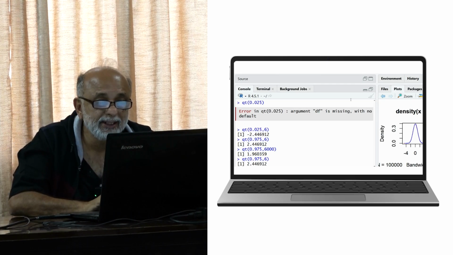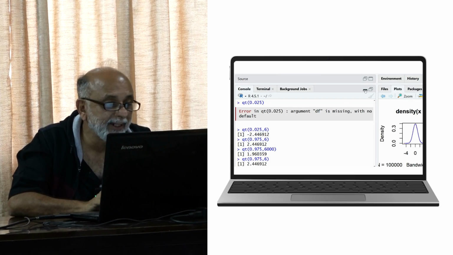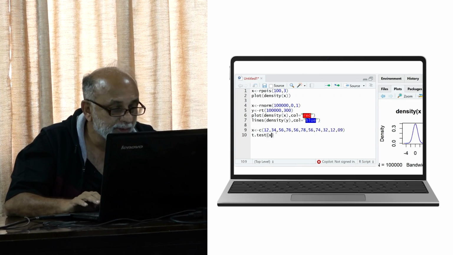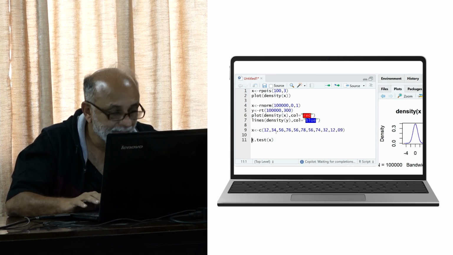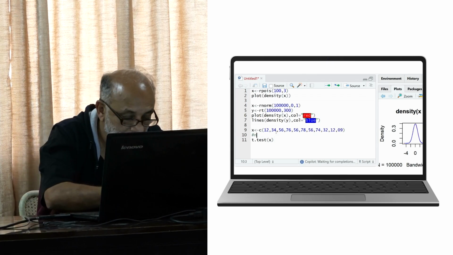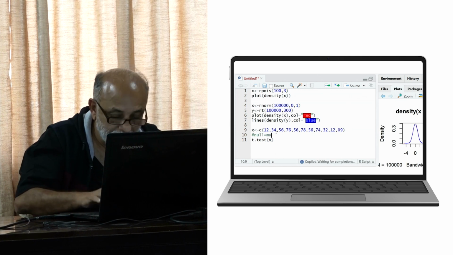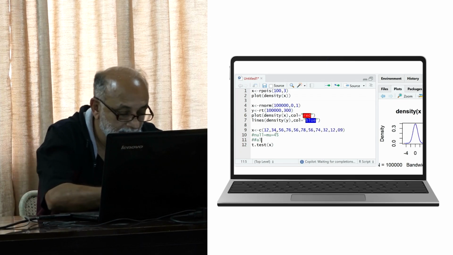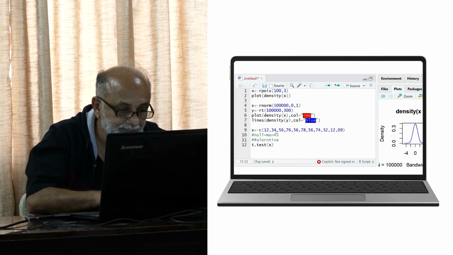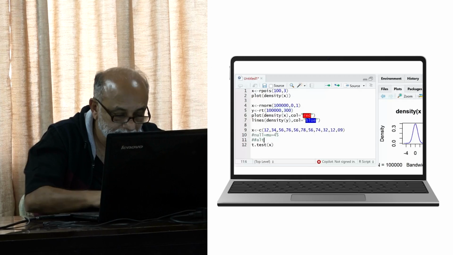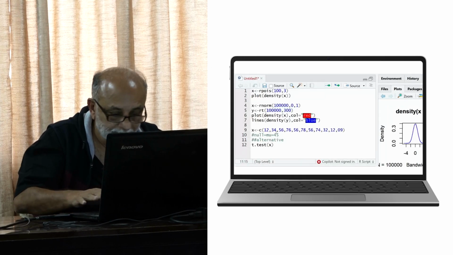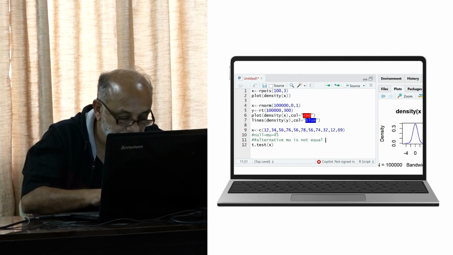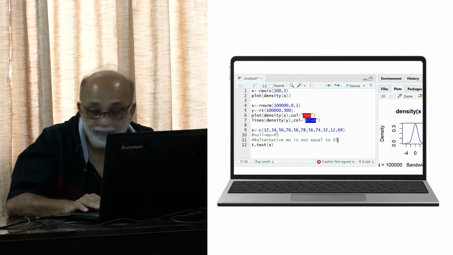Okay, now if you want to take the null, instead of taking the default test of hypothesis, suppose you want to specify a mu, right? So null hypothesis is mu equal to 45. Yeah?